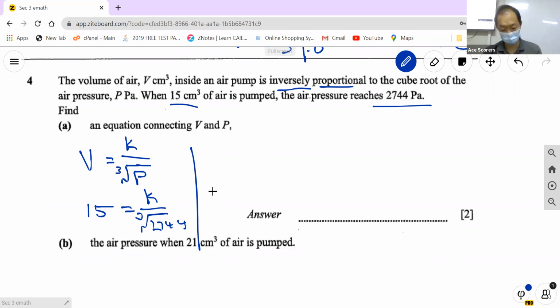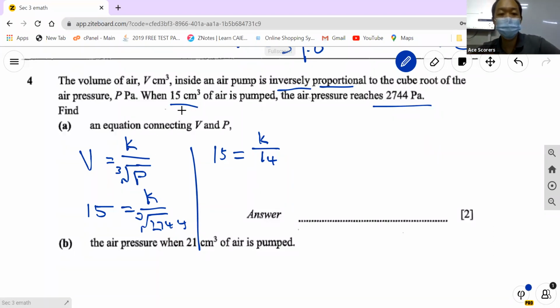How to do cube root of 2744: it's 14. When it's inversely proportional, we use K over that. There are two types: one is called directly proportional and the other inversely proportional.